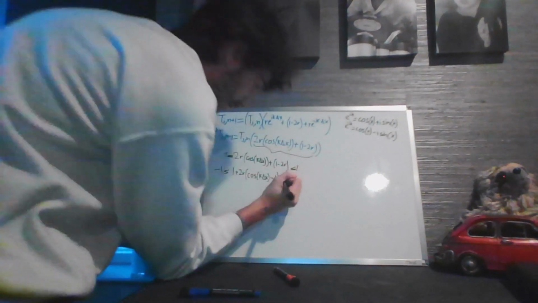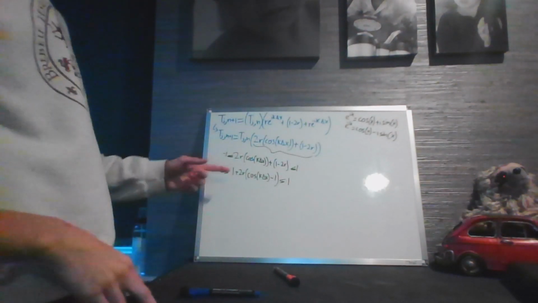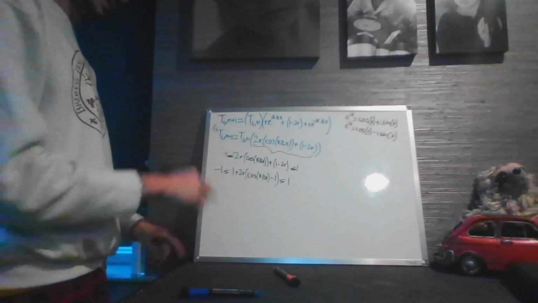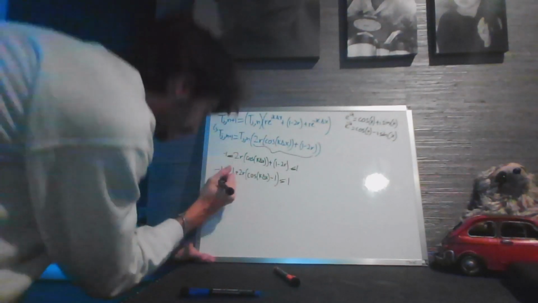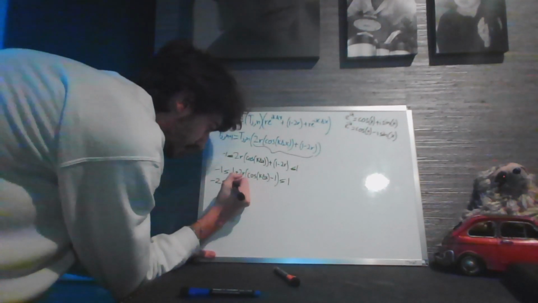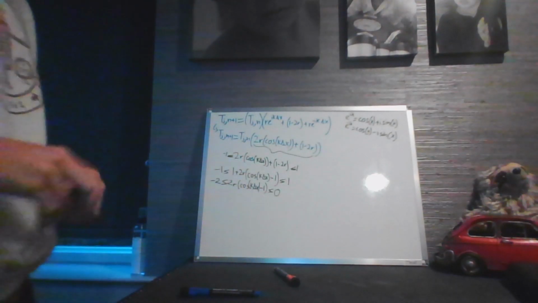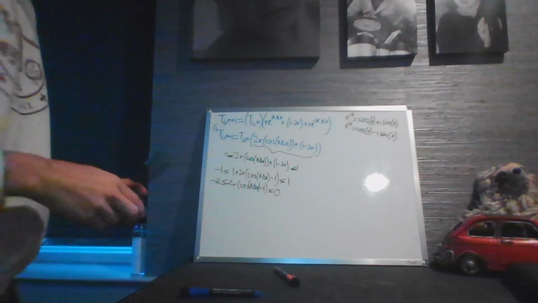And then this is greater than negative 1 and smaller than 1. See this 1 in the front, subtract it from both sides, so this becomes negative 2, and then this becomes, without that 1, 2r times cosine k delta x minus 1. That has become 0 now. Took 1 out of 1, that's 0. So we ended up with this.